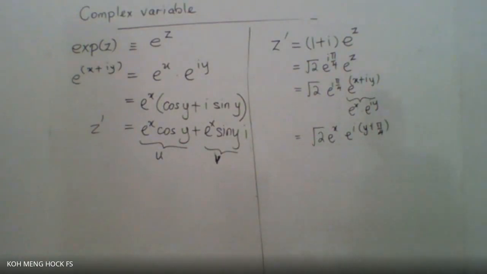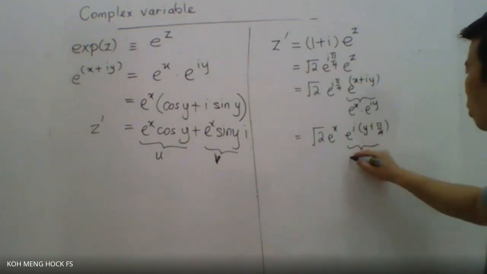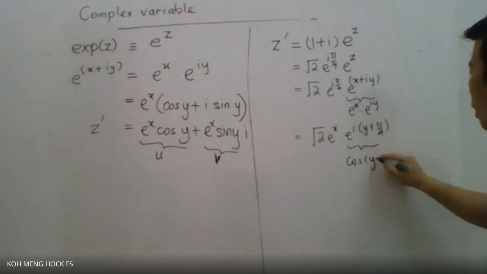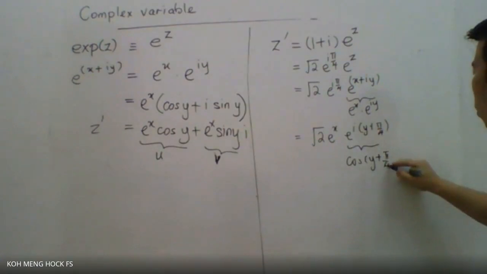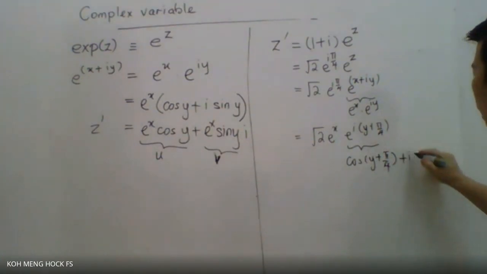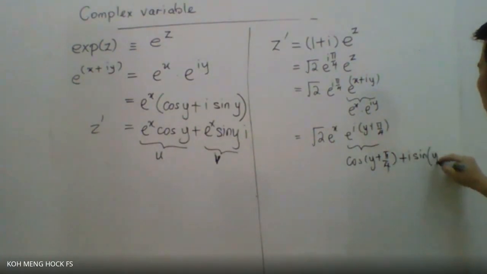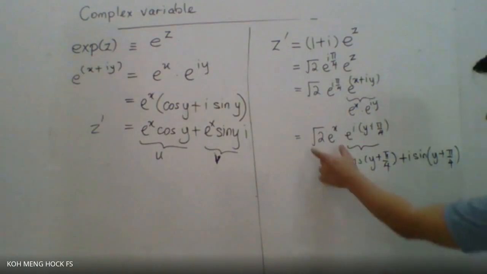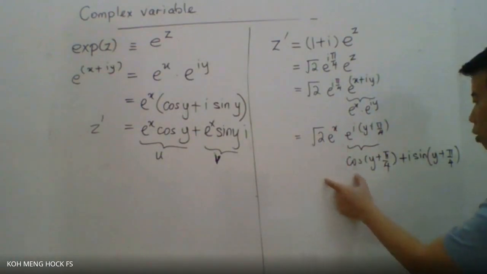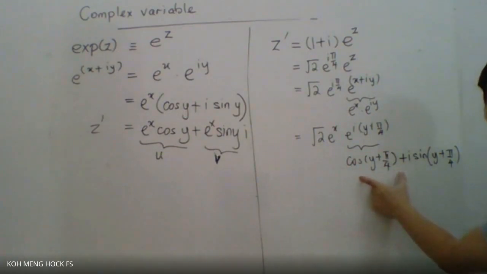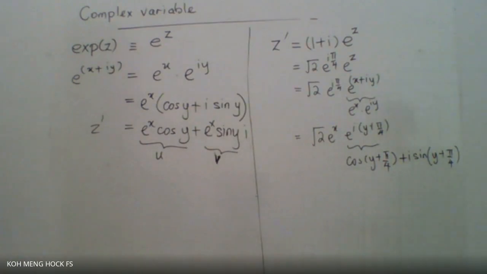So now this is going to be cos(y plus pi over 4) plus i sin(y plus pi over 4). So the real part now is not this one. The real part is this one multiplied by this one.